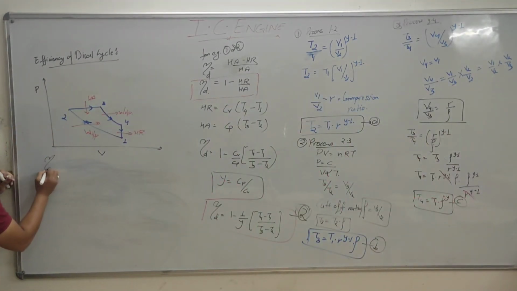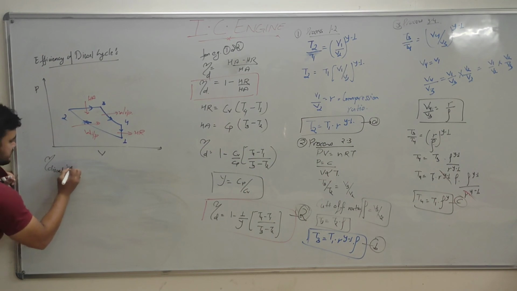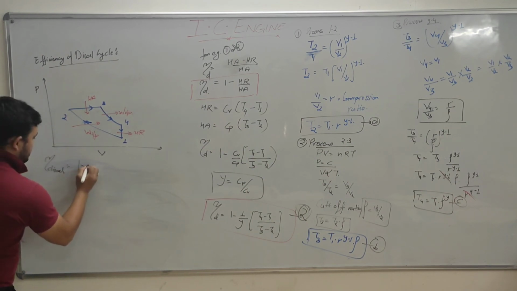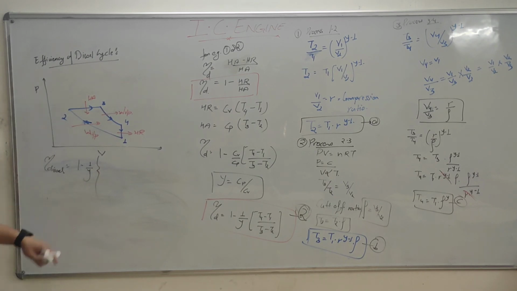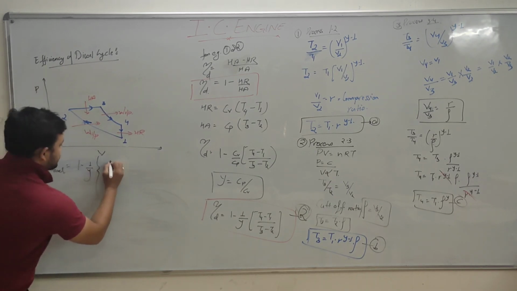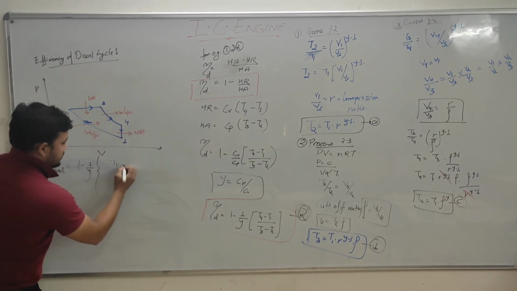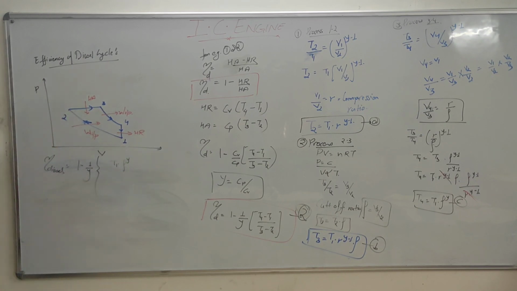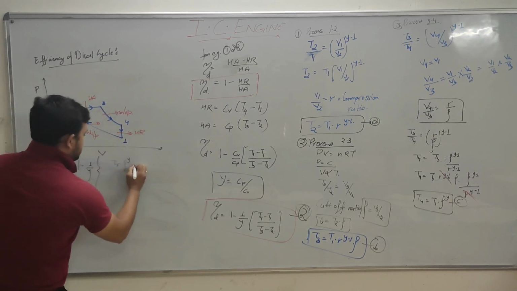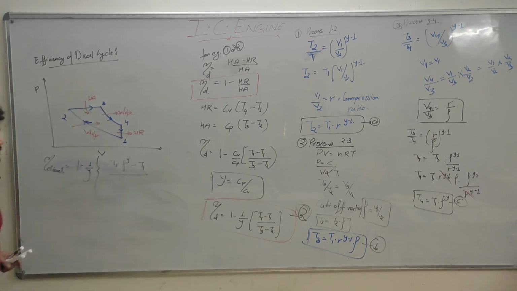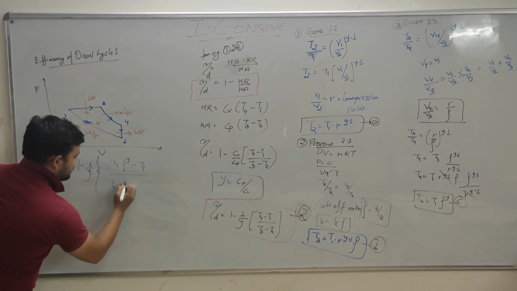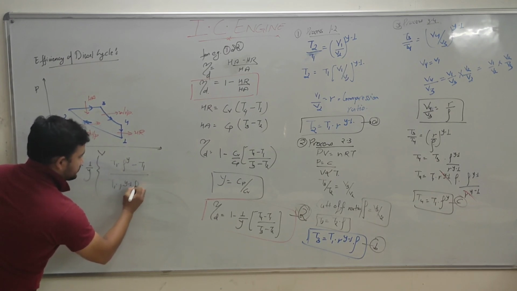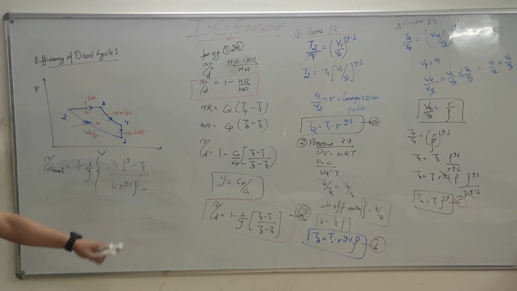So efficiency of diesel cycle, we can say efficiency is 1 minus 1 upon gamma. What is T4? T4 is equal to T1 into rho to the power gamma minus T1, divided by, what is T3? T3 is equal to T1 into R to the power gamma minus 1 into rho, minus, what is T2?